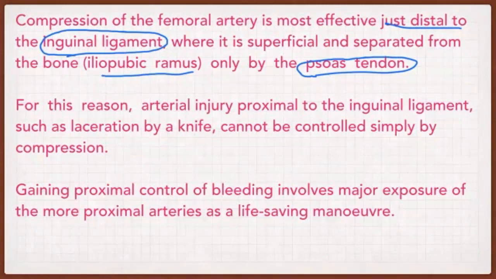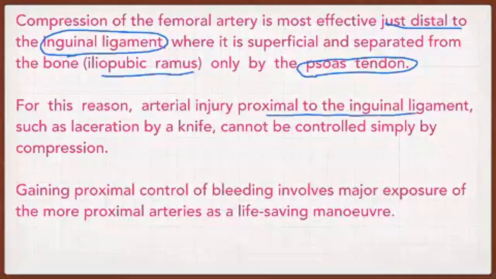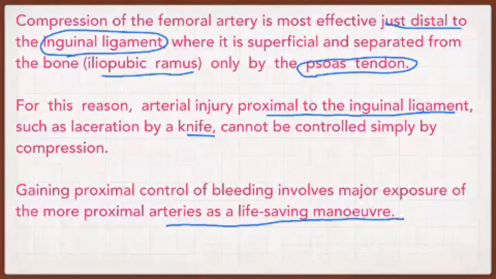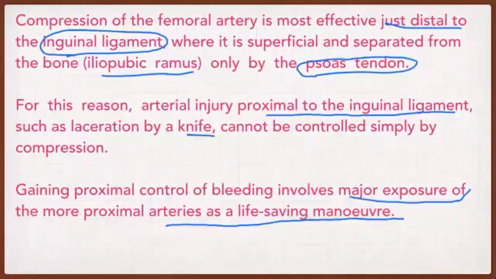For this reason, arterial injury proximal to the inguinal ligament, such as laceration by a knife, cannot be controlled simply by compression. It needs a life-saving maneuver; you have to expose it surgically. Gaining proximal control of bleeding involves major exposure of the more proximal arteries as a life-saving maneuver.